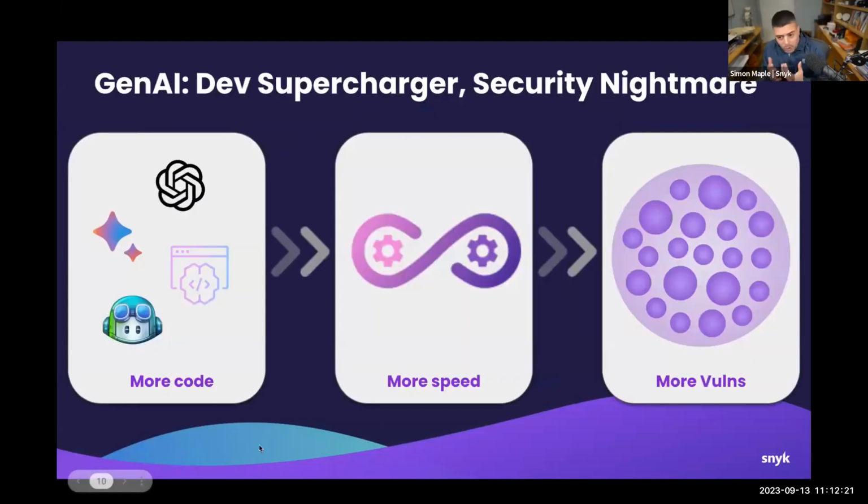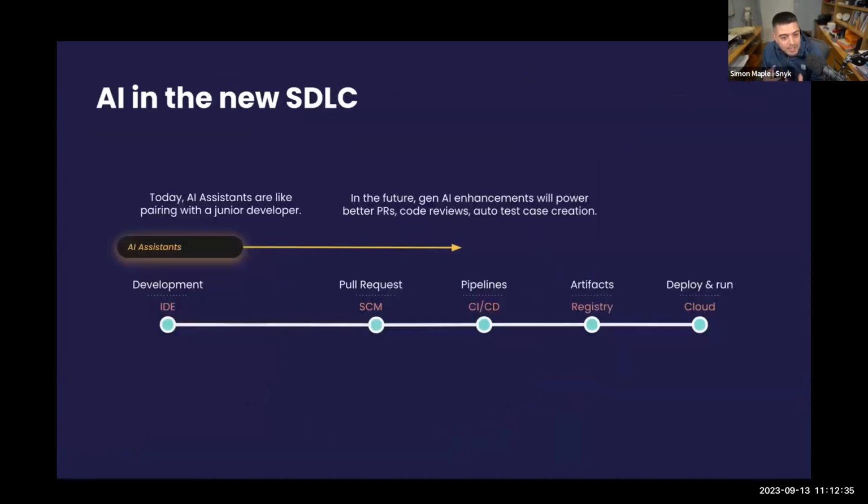Okay, so what we effectively see is we are creating more code, and it is delivering faster. As a result, we are going to be introducing many, many more vulnerabilities into our application or potentially our production environment. So we need some kind of mechanism to adapt to that and test that. In the SDLC, AI is actually appearing further left compared to the developer, because it's before a developer actually writes that code in.